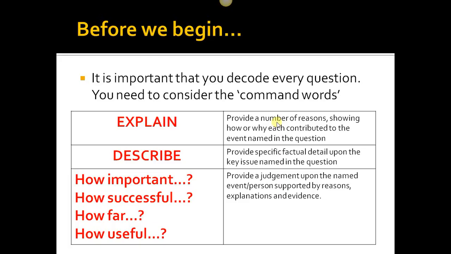And then the final type of question is asking you to come up with a judgment, and it also wants you to give an evaluation: how successful? A balanced answer to the question is required there.